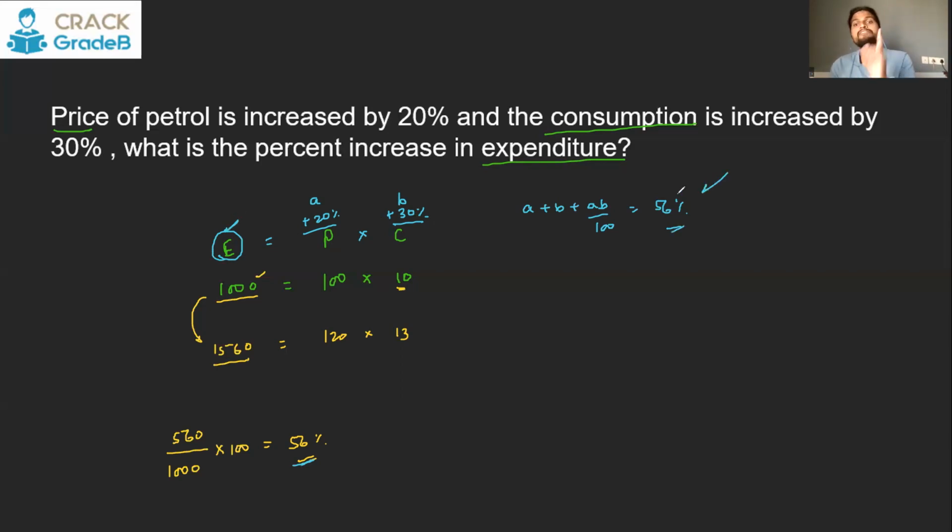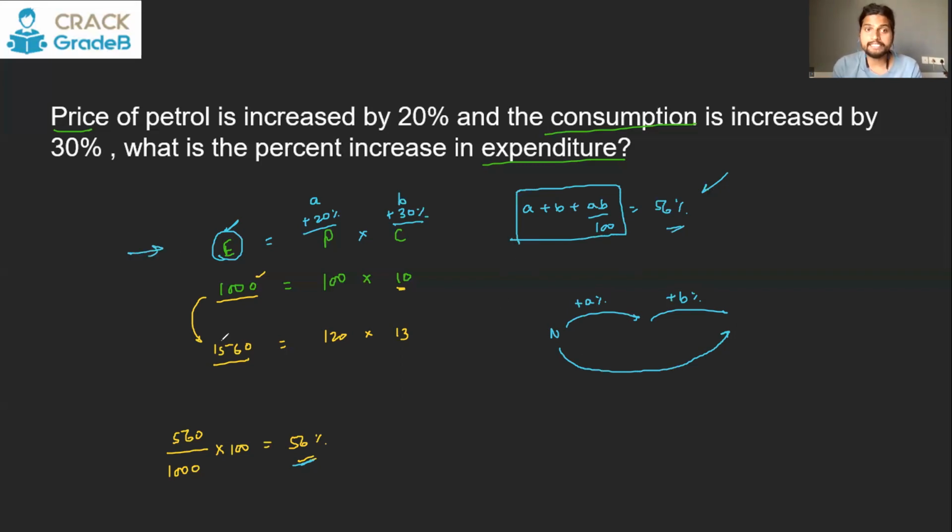So this formula can now be used in two different conditions. If we increase a number first by A percent, then by B percent, and you are asked the resultant percent increase, then this is the resultant percent increase.